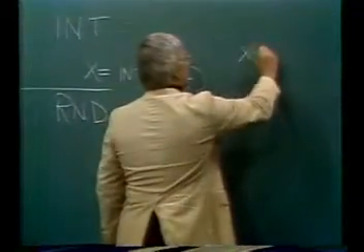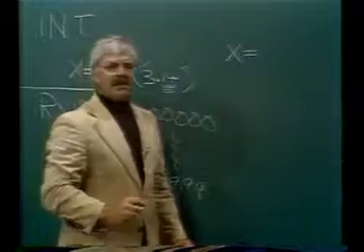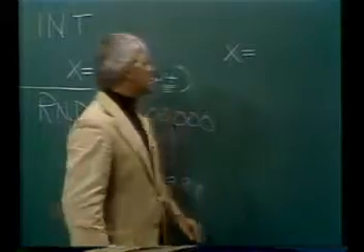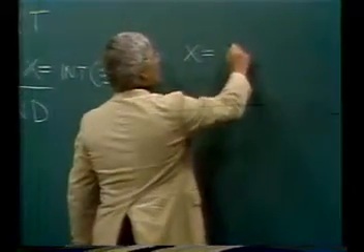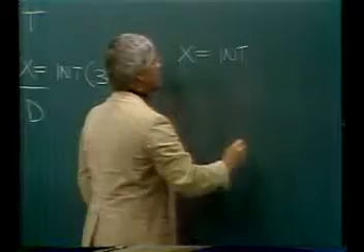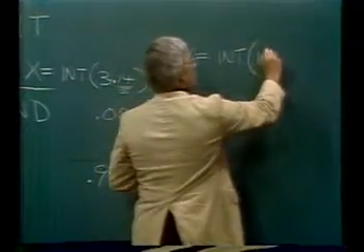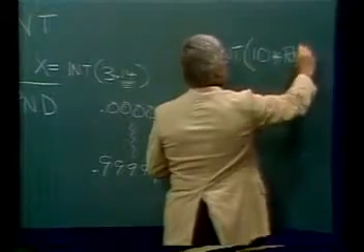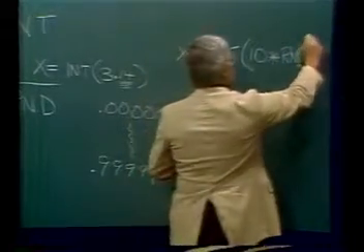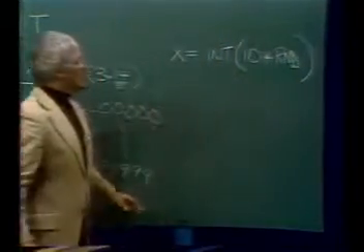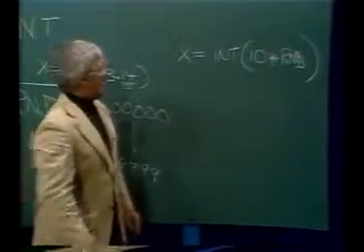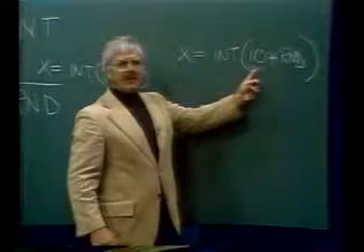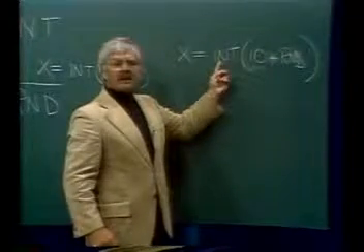Suppose I want to draw a number out of a hat, and I want the hat to contain 10 unique numbers, numbers 1 through 10. I'm going to come up with an expression of this type, whereby I multiply the fraction by 10, and after the multiplication, I drop off the fractional part.